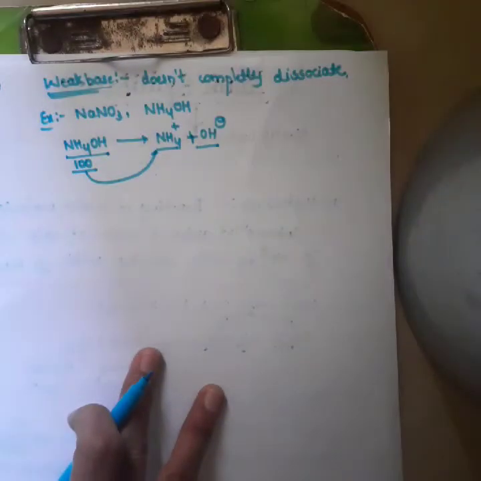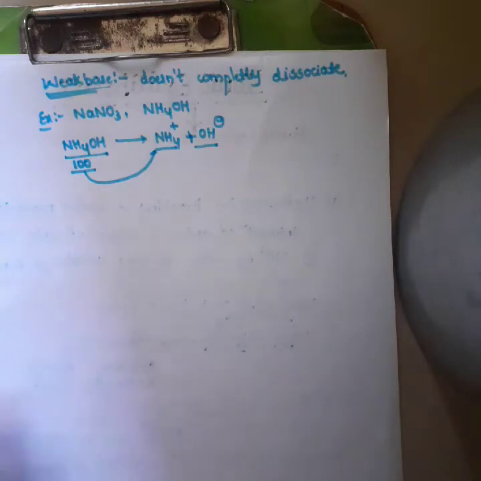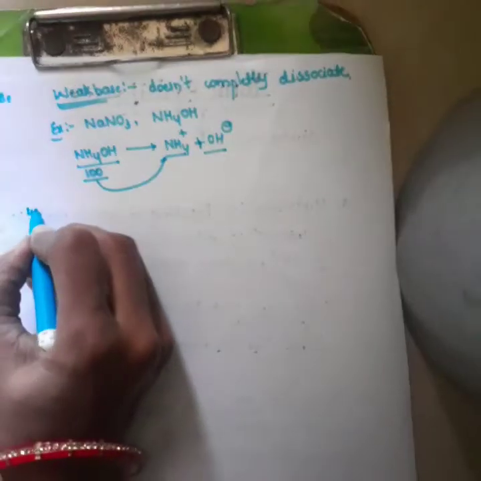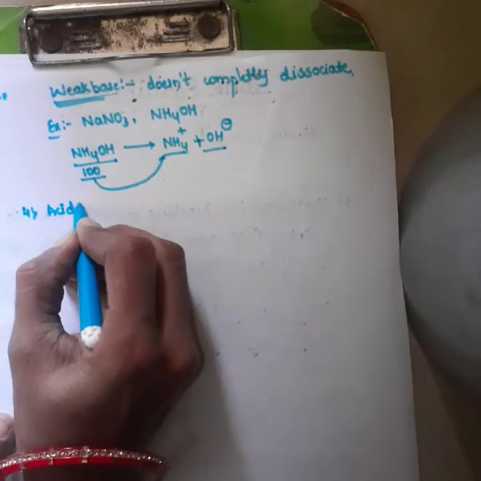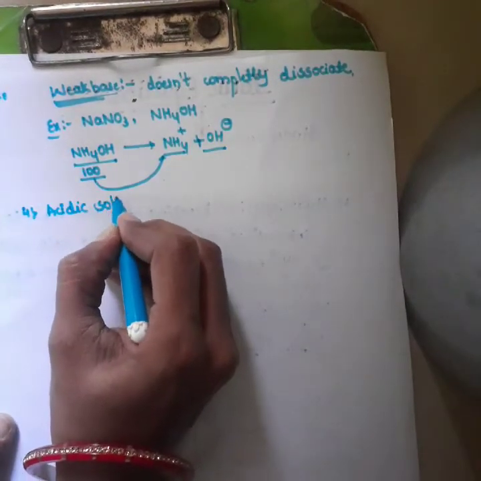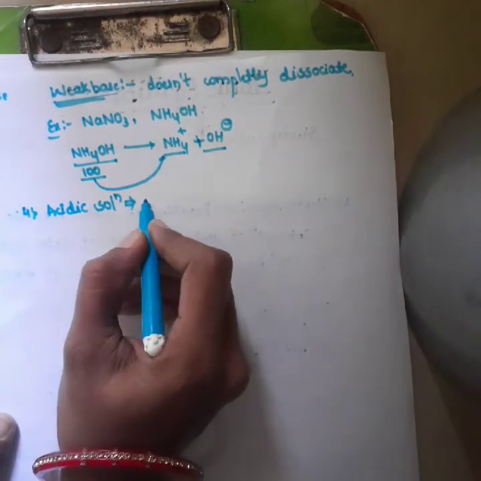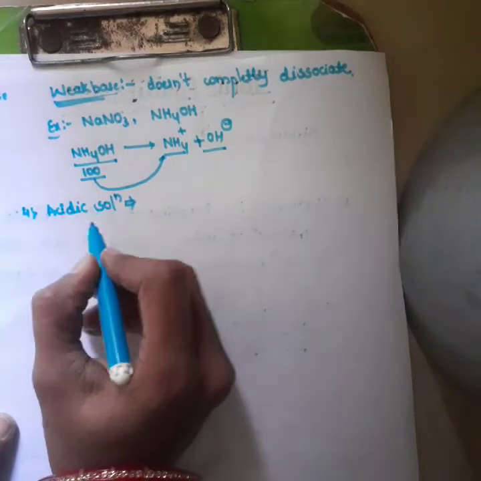Next one is acidic solution. The fourth definition is acidic solution. Before going to study hydrolysis of salt, we need to know some definitions.